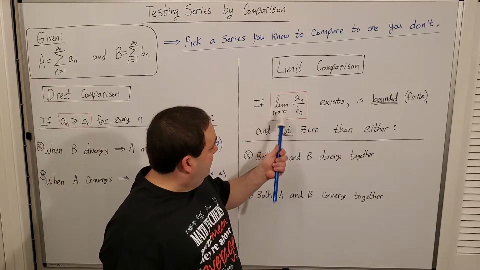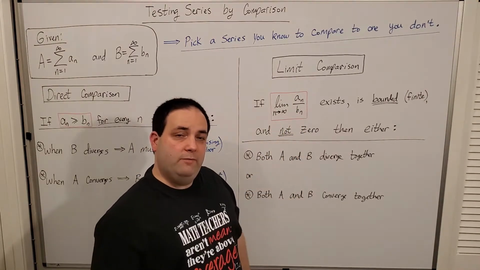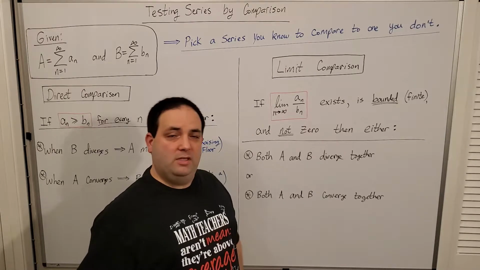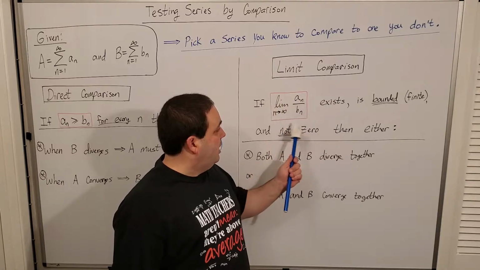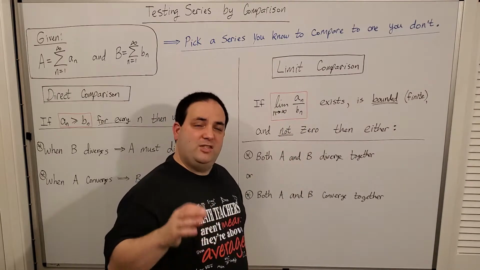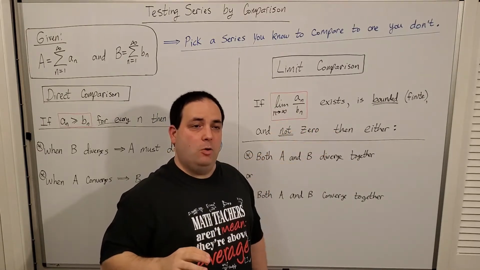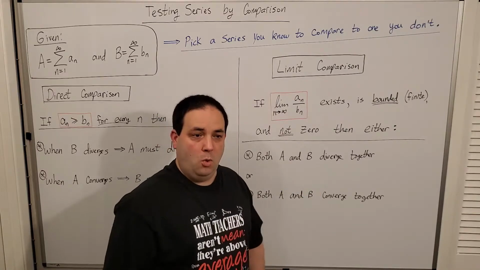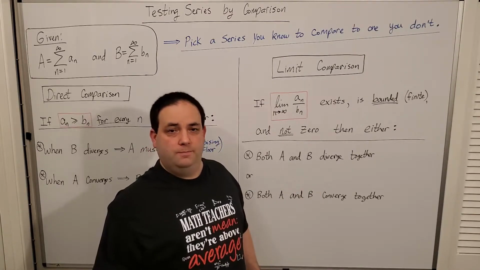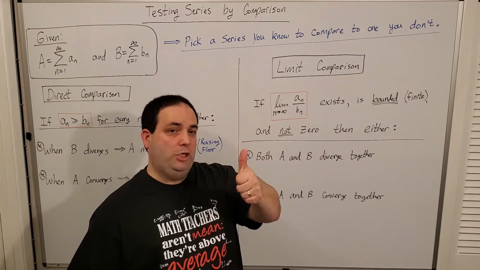But if your limit on this particular comparison is 0, it ruins the test, and you got to compare it to something else, okay? So if you can show that this limit is just some number, not infinity, not 0, but the limit exists and it's some number like 10 or 3/5 or whatever, okay, then what that means is the comparison is good.